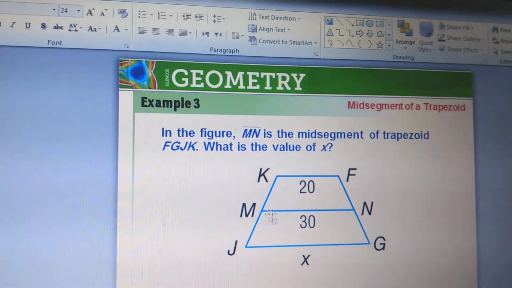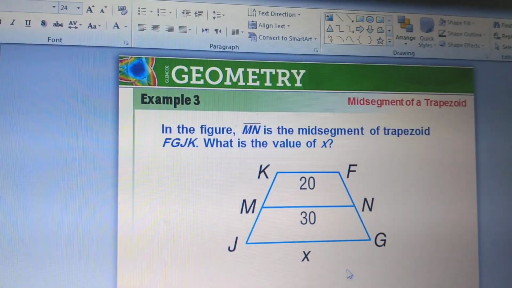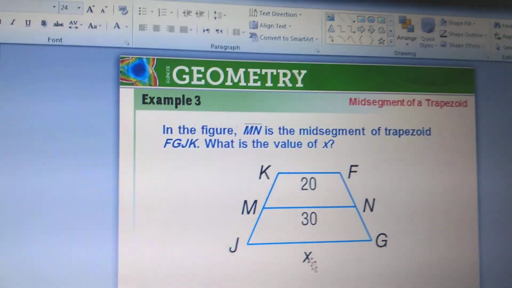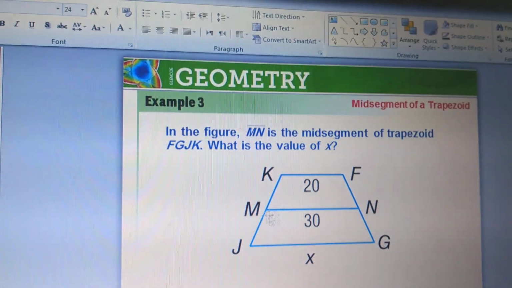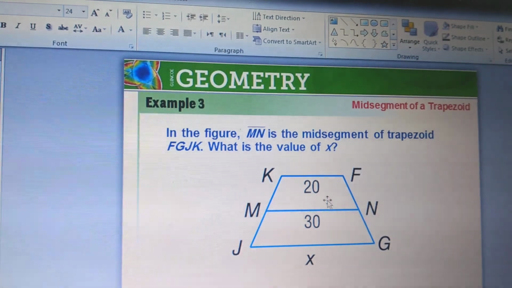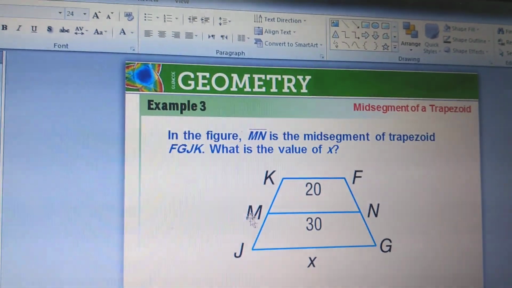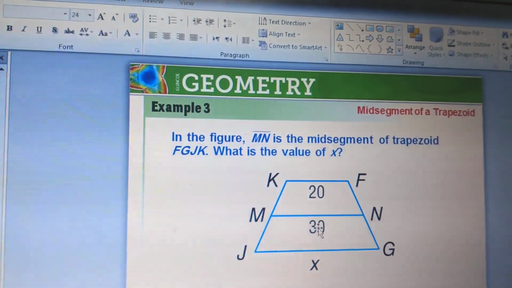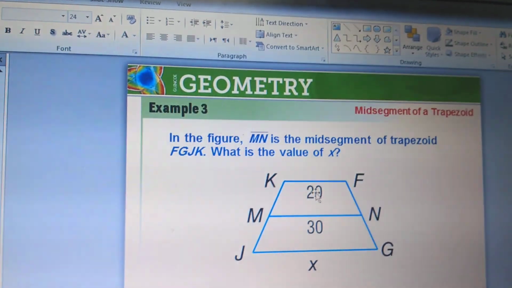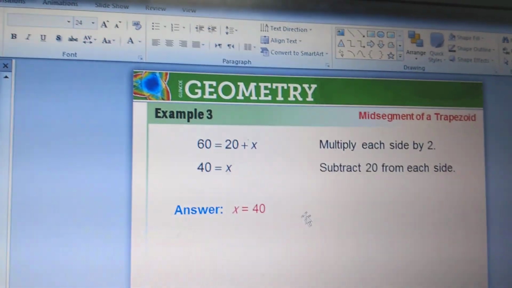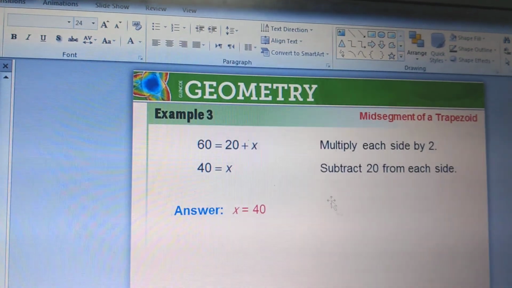If the mid-segment is given and he wants you to find one of the bases, you make two steps: multiply the mid-segment by 2 and subtract the given base. The mid-segment is 30. 30 times 2, 60. 60 minus 20, it is 40. Direct. You don't need to do all of this equation.